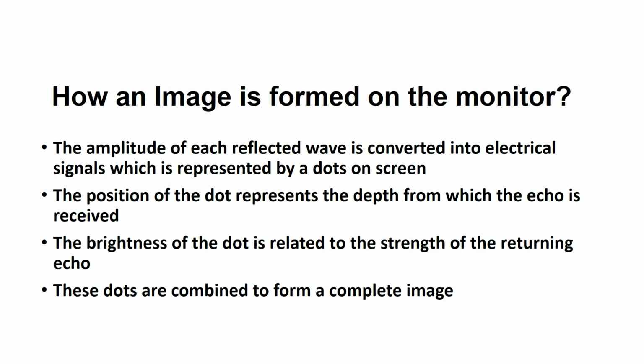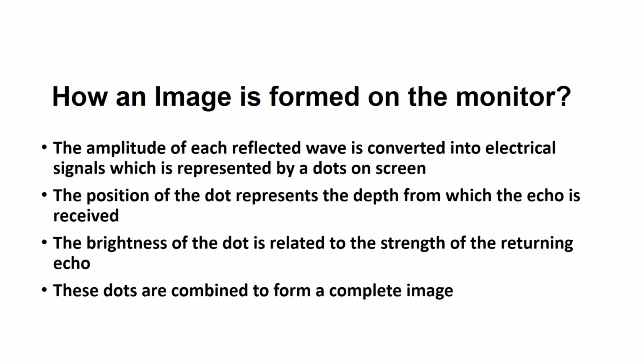Now we will discuss how the image is formed on the monitor. The amplitude of each reflected wave is converted into an electrical signal, which is represented by a dot on a screen. The position of the dot represents the depth from which the echo is received.